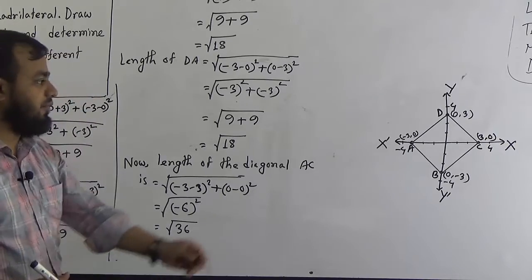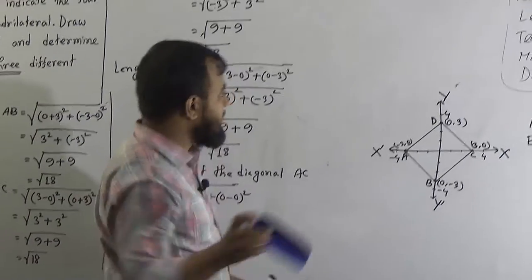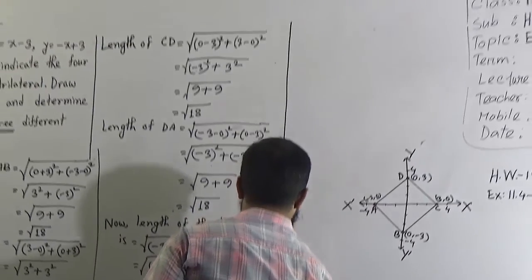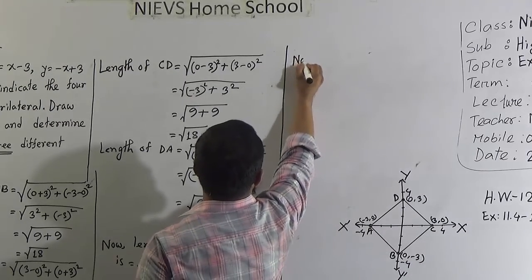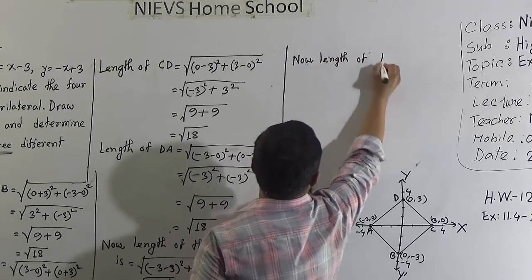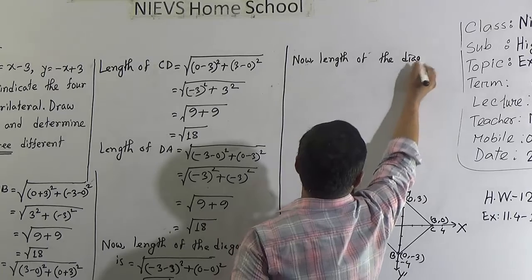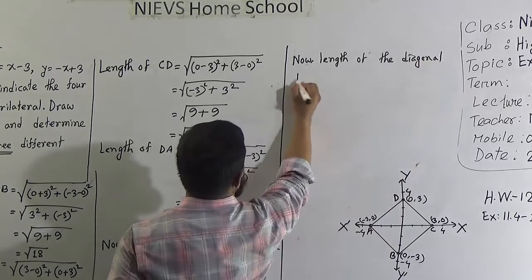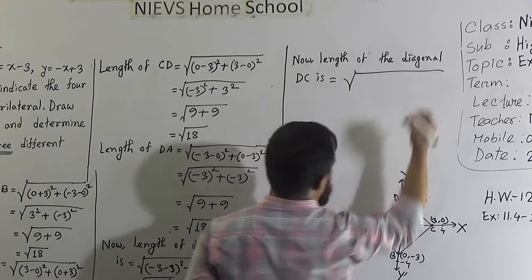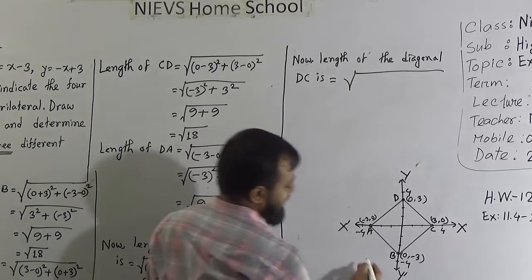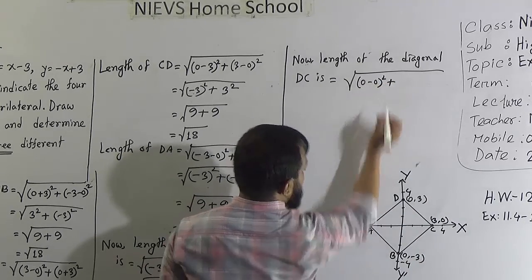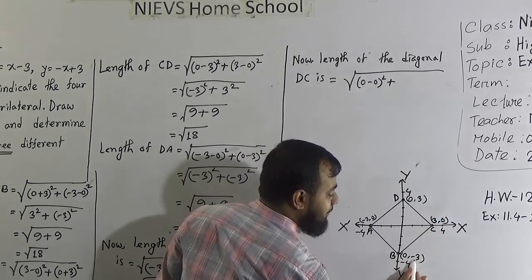Now we need to find out the length of the diagonal BD. What is the length of the diagonal BD? The length of the diagonal is equal to square root of the sum of the squares of the differences of the abscissas and ordinates, which is 0 minus 0 whole square plus 3 minus minus 3.